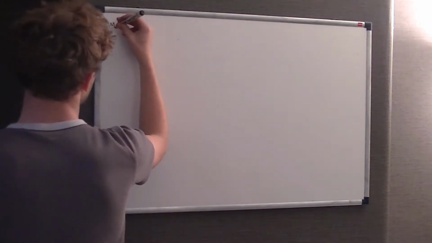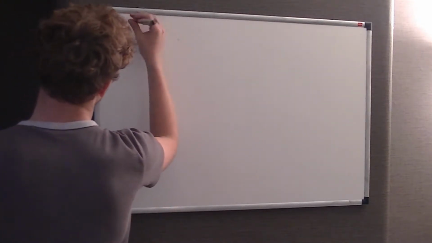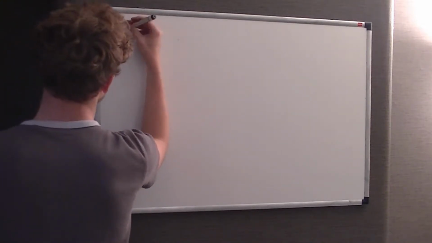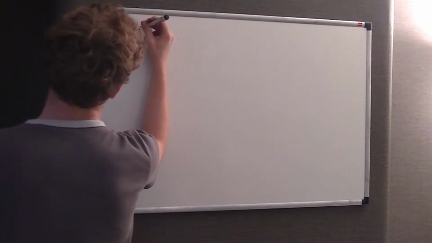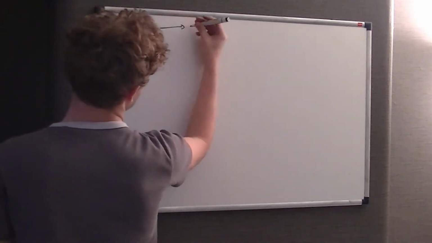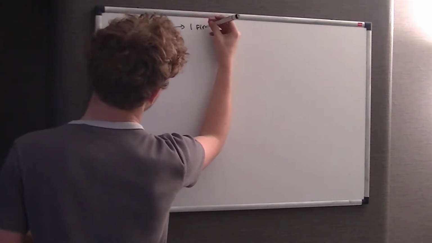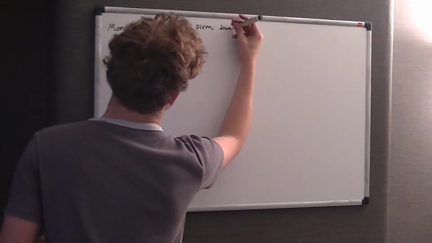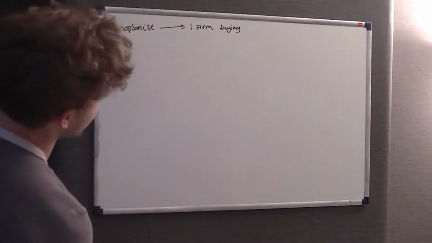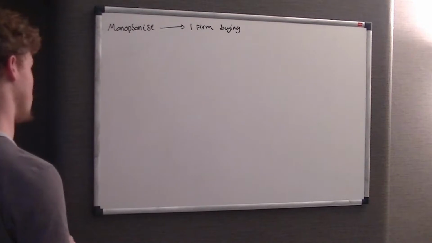I can't even spell it, this is winding me up. Monopsonist. So we said that was where there was one firm buying the labour. An example of this could be the NHS, the government health service. Good, so there you go, that's an example.